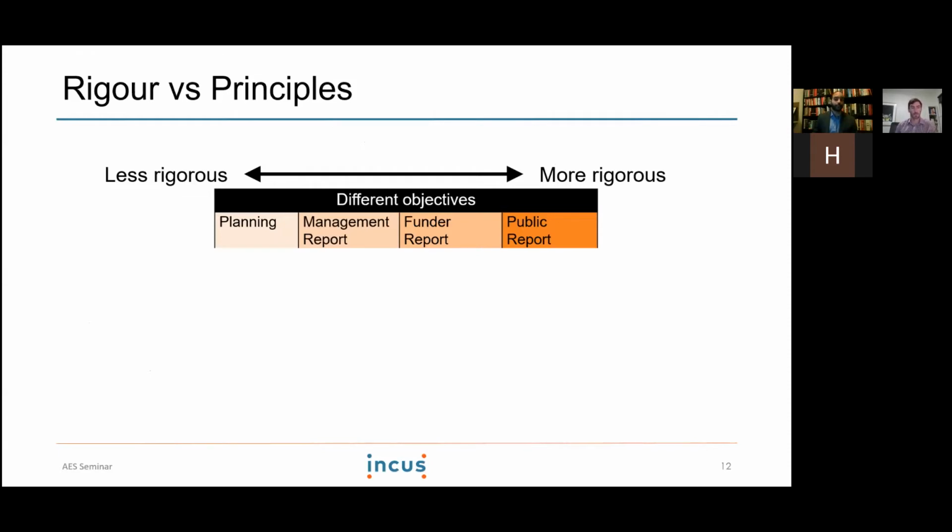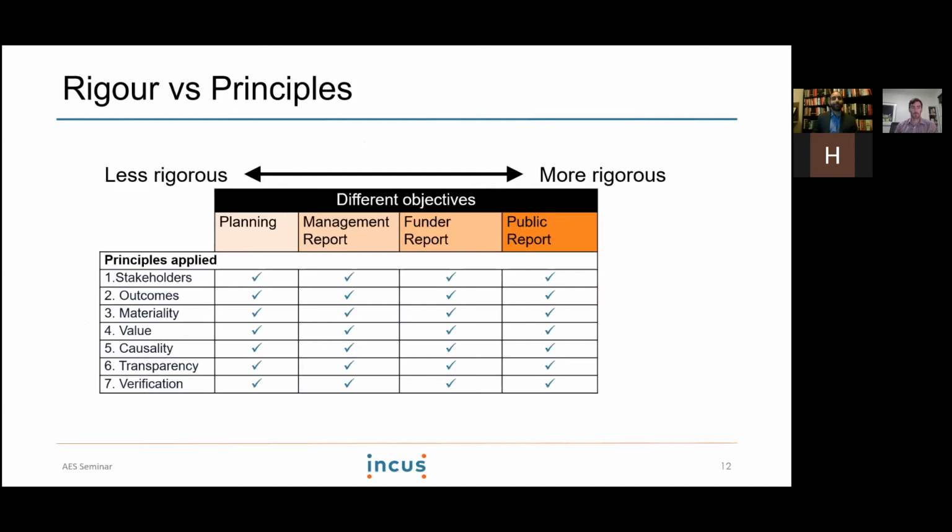The good thing or the bad thing is that the principles apply regardless. So all 7 principles should apply no matter what stage you're doing your evaluation work, or what stage you're delivering an initiative, or what level of reporting you're doing alongside that. So I just want to reiterate that point, that the whole point about principles is that they should apply universally and throughout, and they should help guide your decision making. So let's get into the principles.